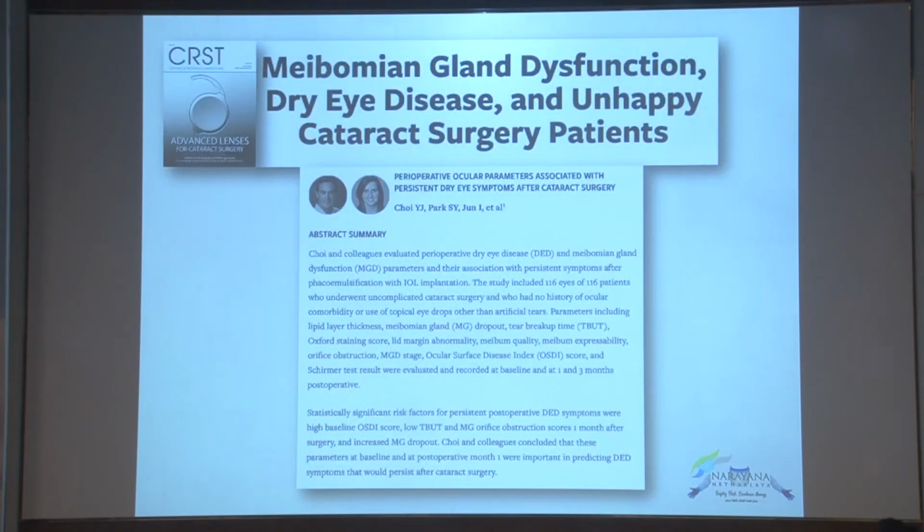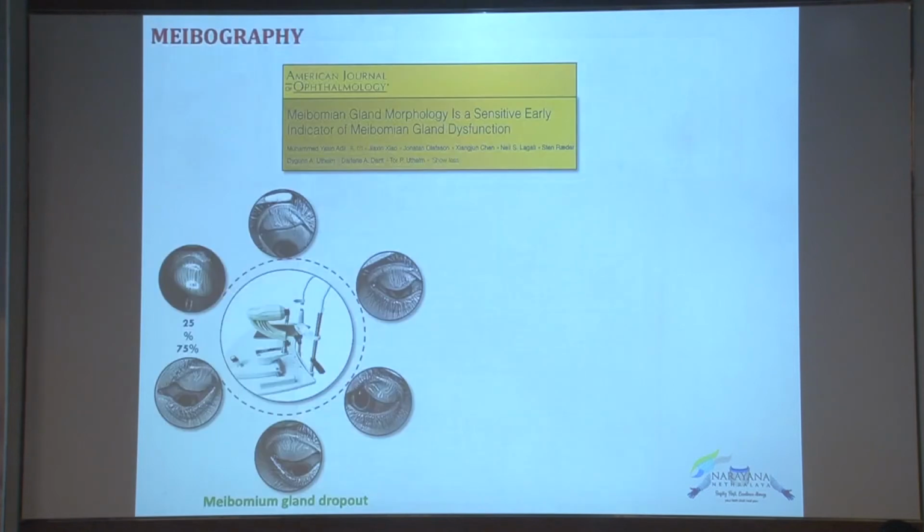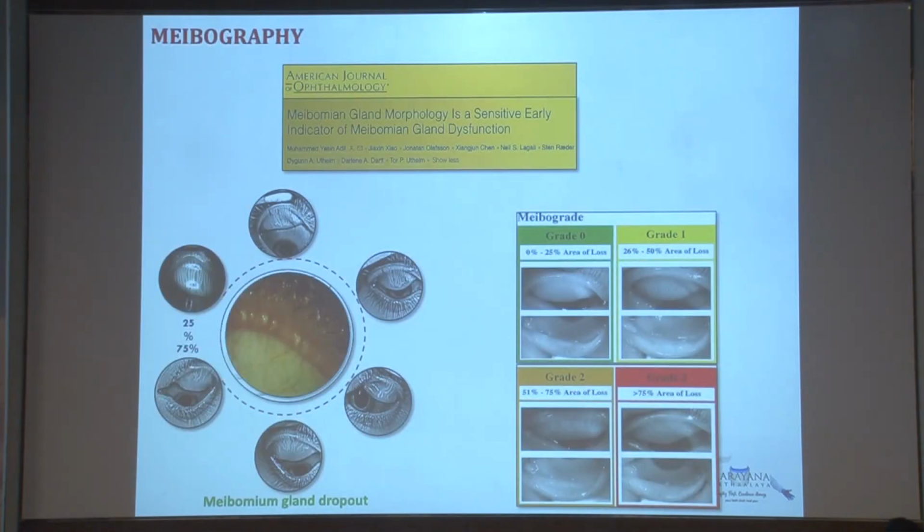If you have a meibographer, please try to do a meibography, because meibomian gland dysfunction or dry eye disease is one of the leading causes of unhappy cataract surgery patients. Itching, burning, that all are the major complaints you see in these dry eye patients. When you do a meibography, you'll definitely find some abnormal glands. You do not need a meibographer in your practice.